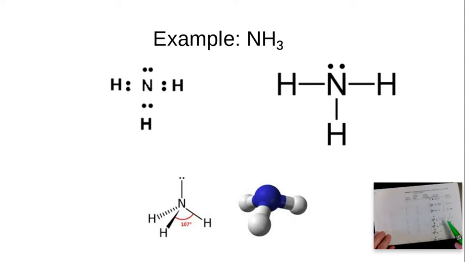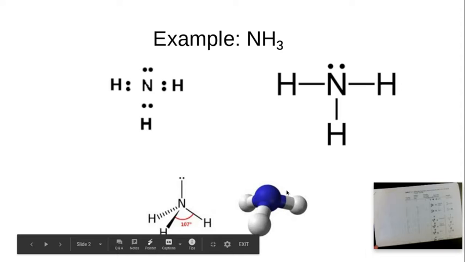So I know that ammonia is trigonal pyramidal. If you look at the screen, I've shown that it has a 107 degree bond angle. That lone pair takes up a lot of space, which pushes the hydrogens farther down. And so you get what looks like this 3-dimensional ball and stick model of ammonia.